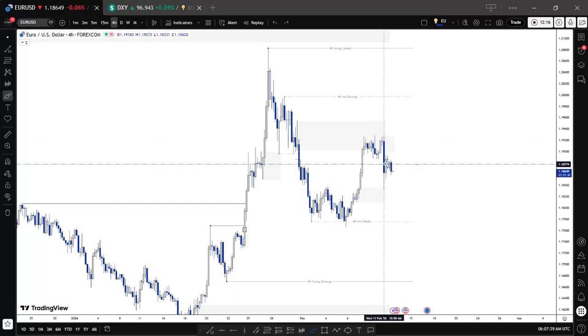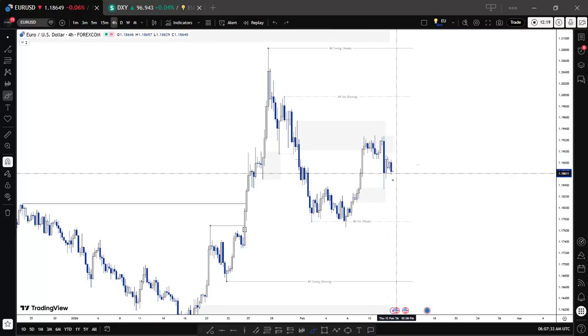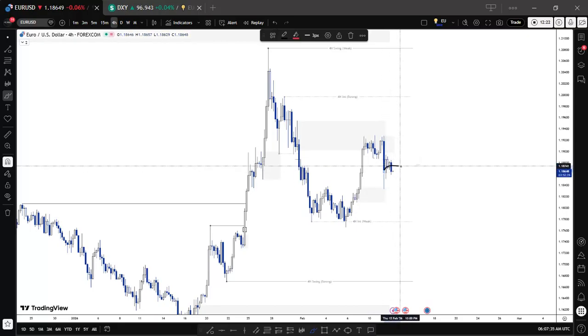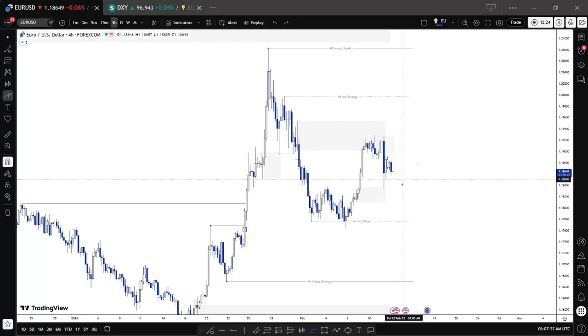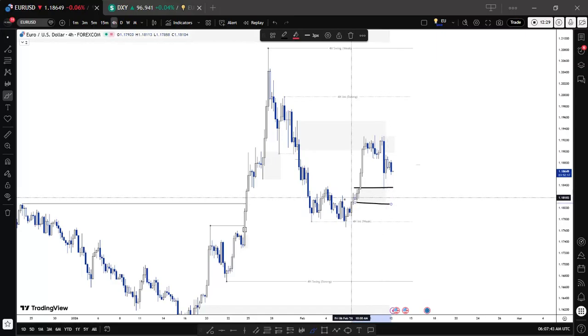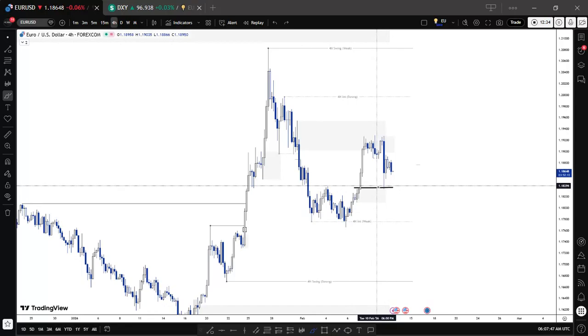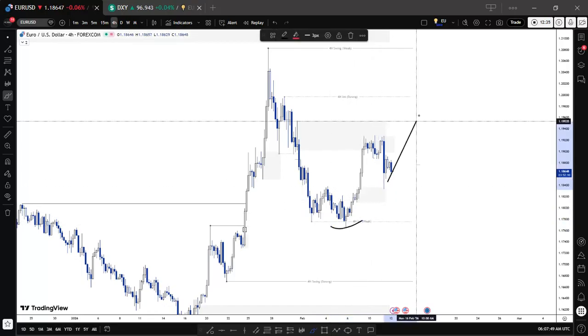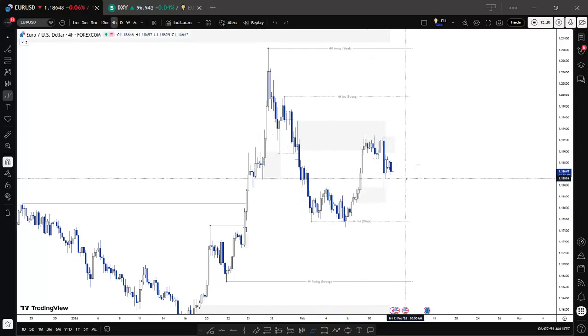So we can see price is ranging in between, meaning on the lower time frame, we can see price ranging in here. But overall, I'm bearish. So price has mitigated this fractal demand, and also it caused the II BOS. This II low could hold, but I don't want to weigh much importance on that.